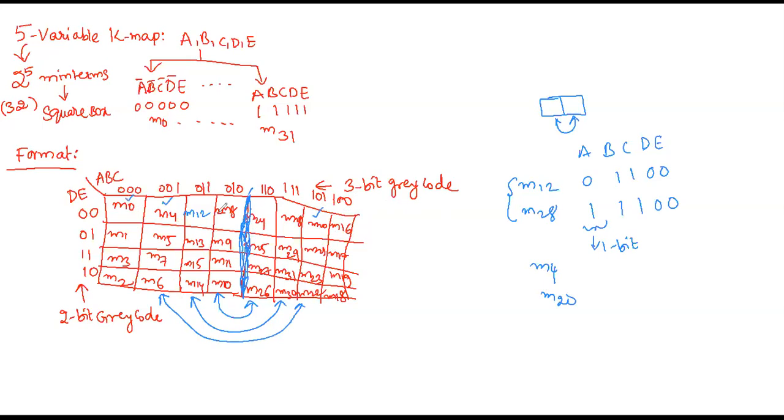Similarly, M0 and M16 are also adjacent to each other. In the 5 variable K-map, these two columns are adjacent to each other, these two columns are adjacent to each other, and these two columns are adjacent to each other. Remember this.